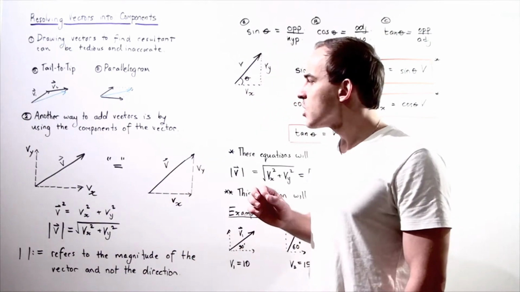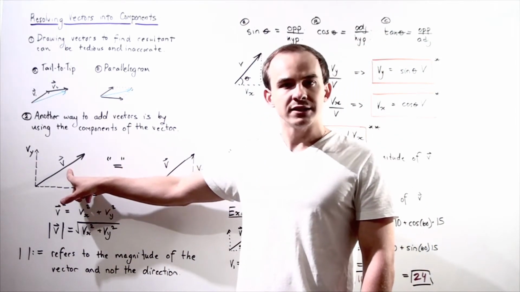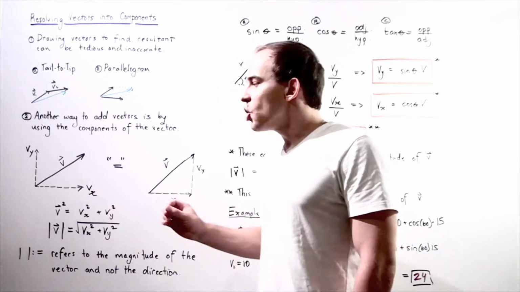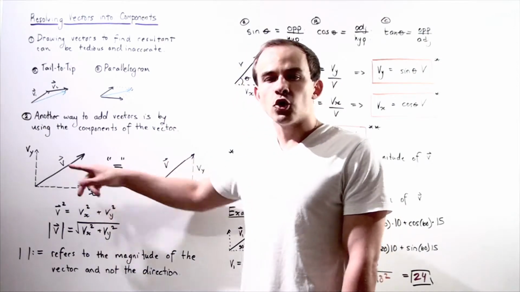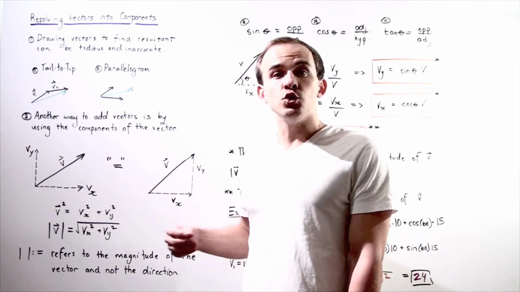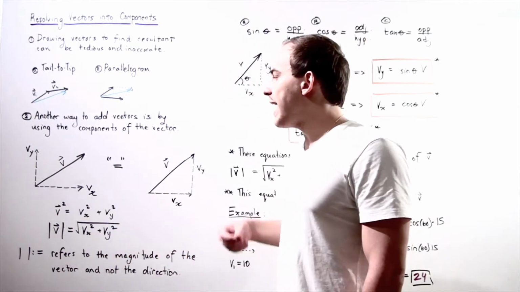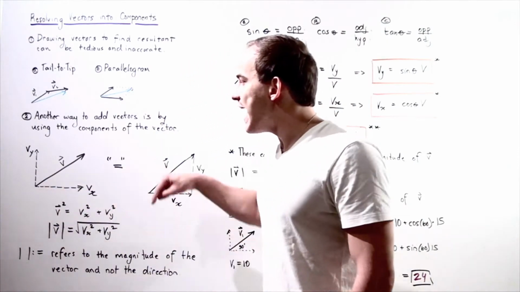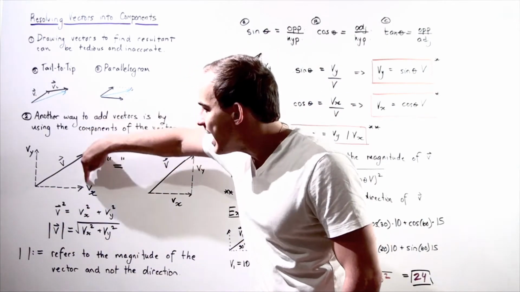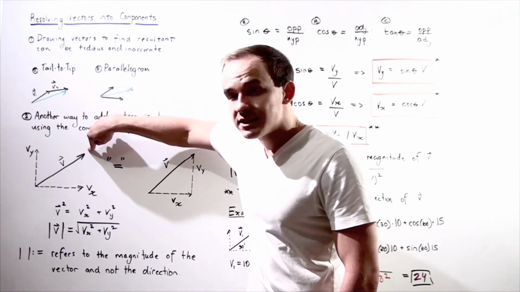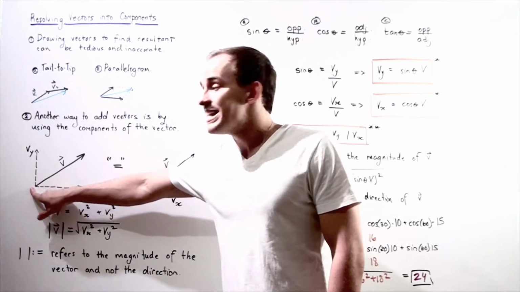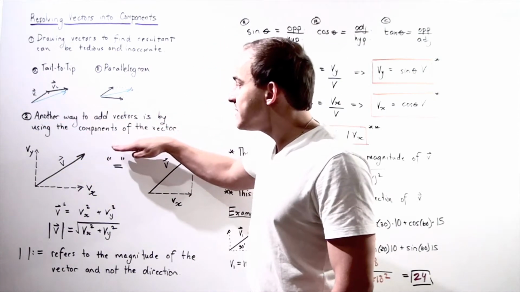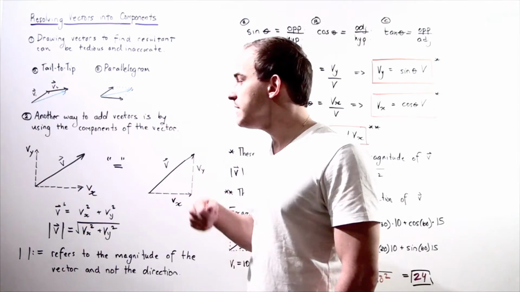So let's suppose we have the following two-dimensional vector. Here we have our y-axis and the x-axis. We can resolve this vector, v, into its components by drawing a vector along the x-axis, beginning at the origin and ending at the same x value as the original vector, and a vector going up along the y-axis, ending at the same height as our original v vector.